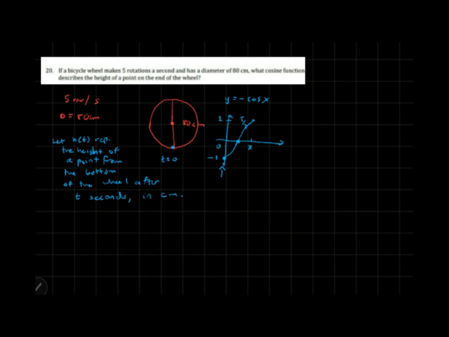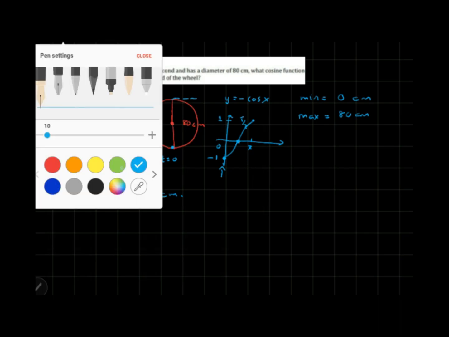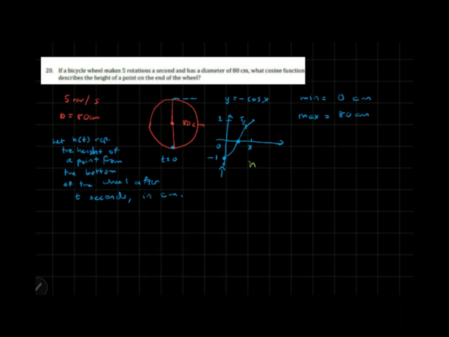Now we also know that the minimum height here should be 0 centimeters. We're working with centimeters, and the maximum height here should be 80 centimeters. Okay, the equation that we are trying to model here, I'm going to show you that template in a different color.